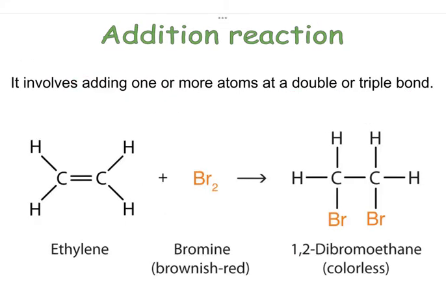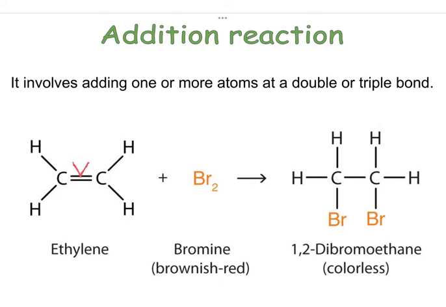Here is another example of addition reaction. A molecule of bromine, Br2, is getting added to ethene. Once again, not ethane. Addition reaction happening to unsaturated hydrocarbons. So in this case, we're talking about ethene. Ethene has a double bond, and one of those double bonds will be broken in the process of this reaction.